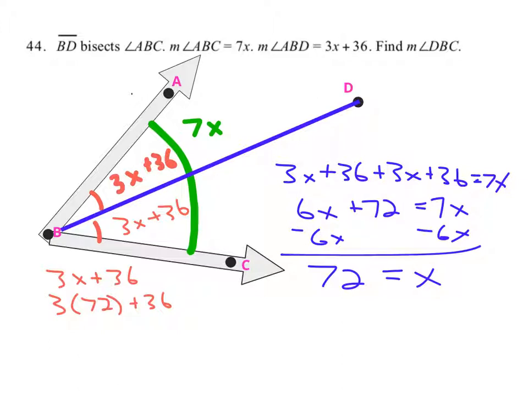Okay? 3 times 72 is 216 plus 36 is 252 degrees.